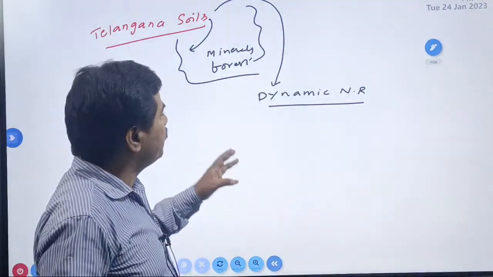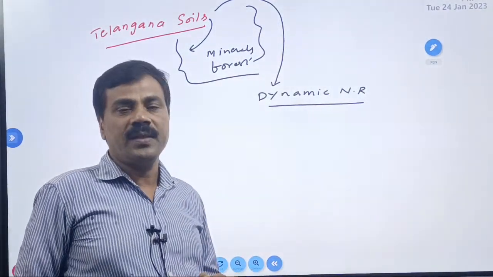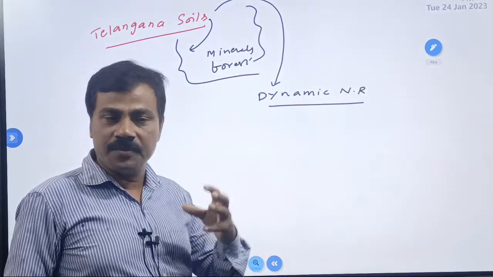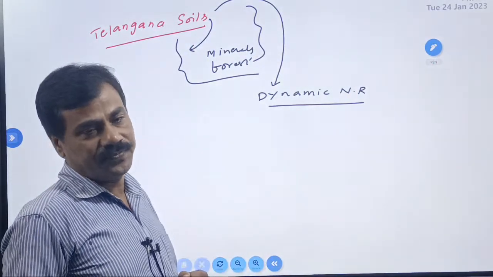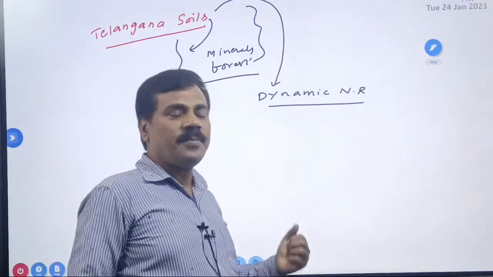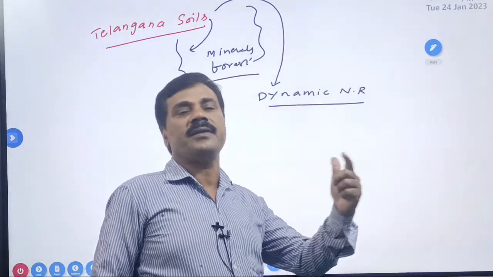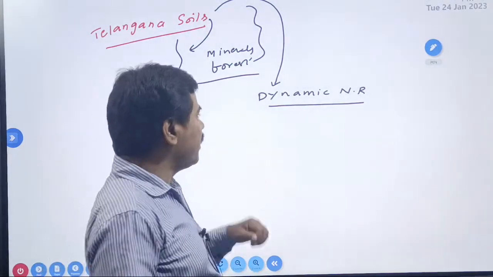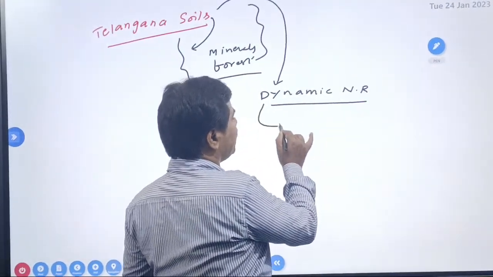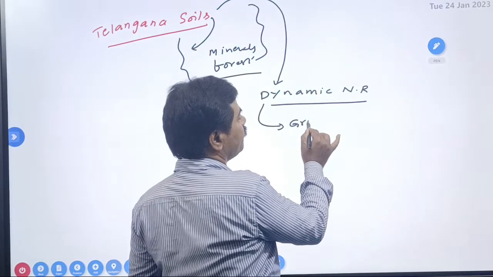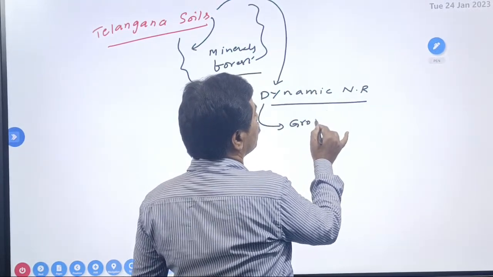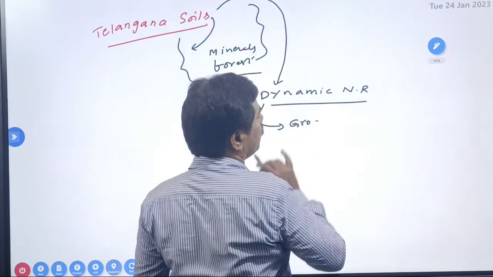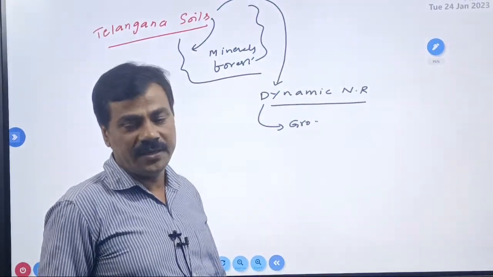Soil is the basis for agricultural production. Crop cultivation depends on soil fertility. Soil fertility decides the growth of any country.